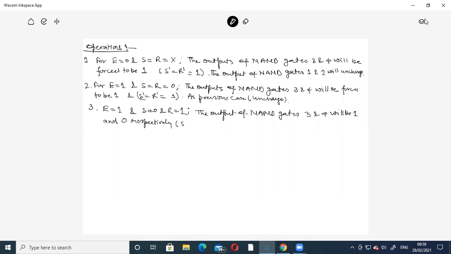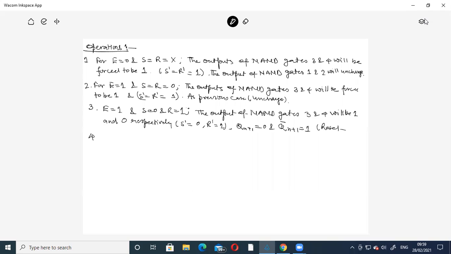That is S dash is equal to 0, R dash is equal to 1. So Qn plus 1 is equal to 0 and Q bar n plus 1 is equal to 1, and then it is known as a reset.